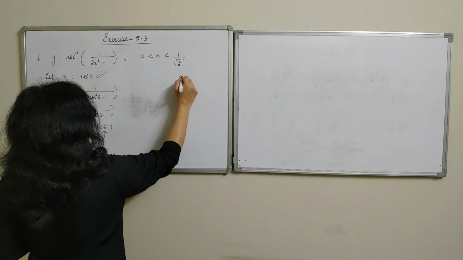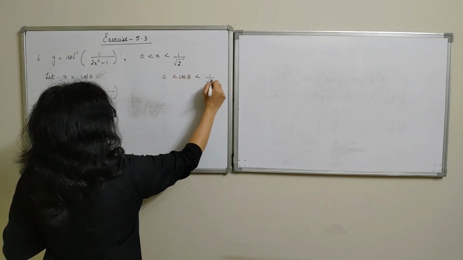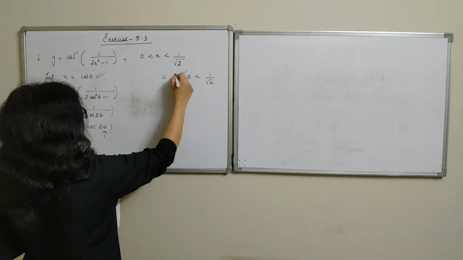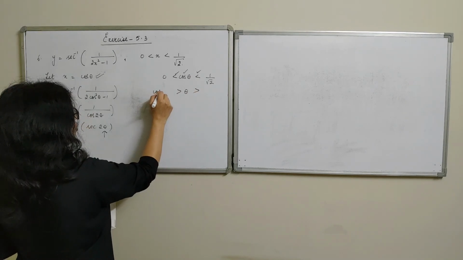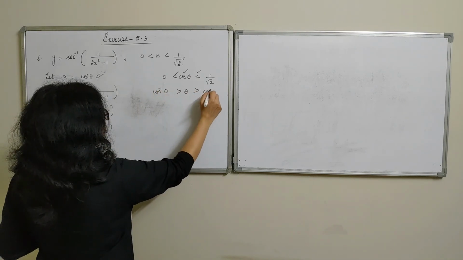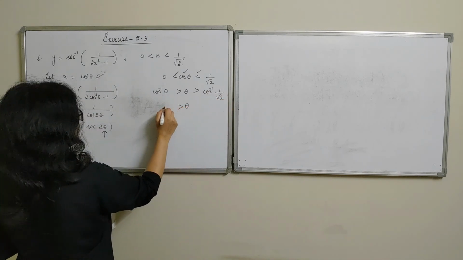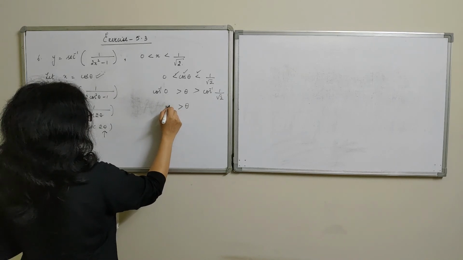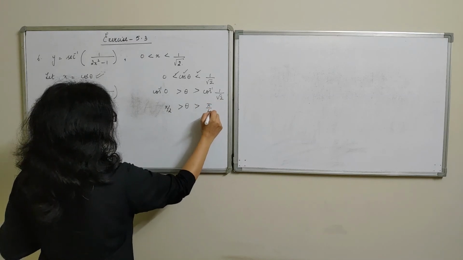So substitute x is cos theta. Now we know cos is a decreasing function, so these signs will change, less than, greater than, alright. So cos inverse 0, cos inverse 1 by root 2, so theta is less than cos inverse 0 at pi by 2, and cos inverse this at pi by 4.